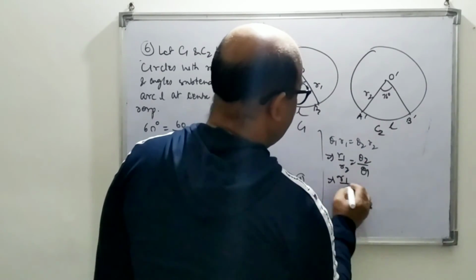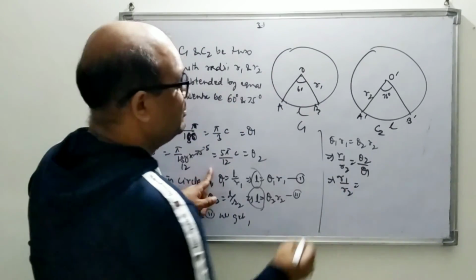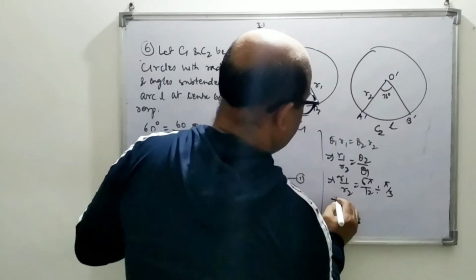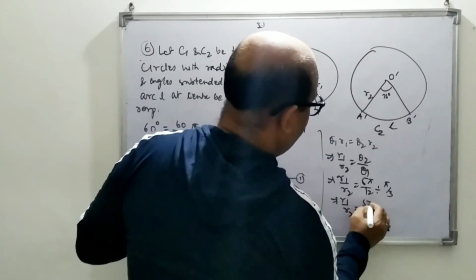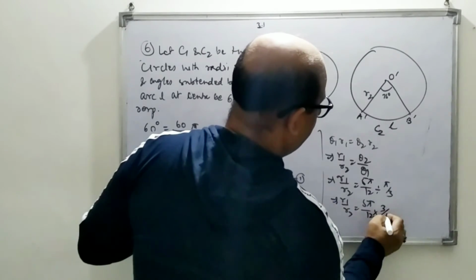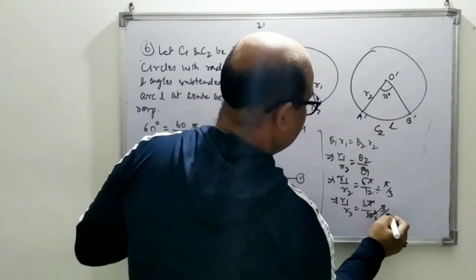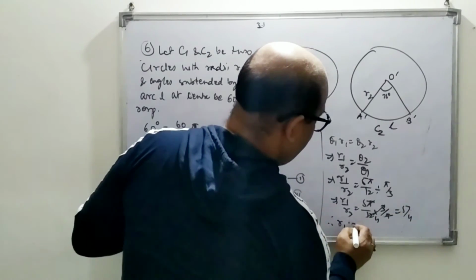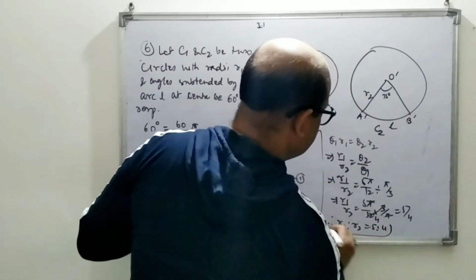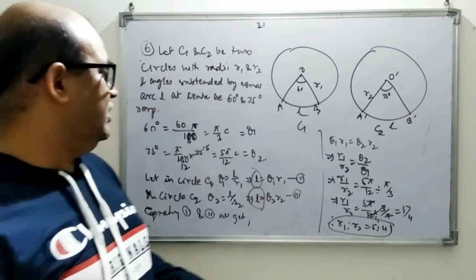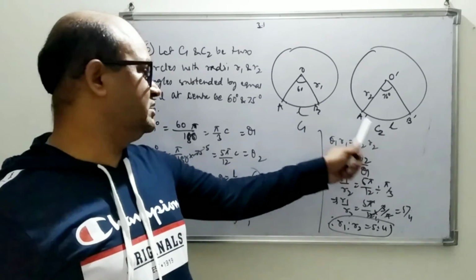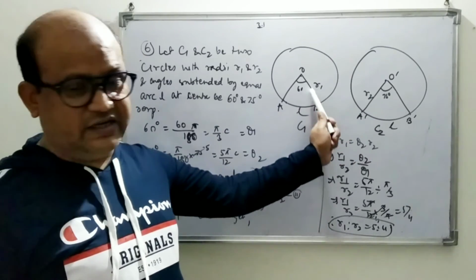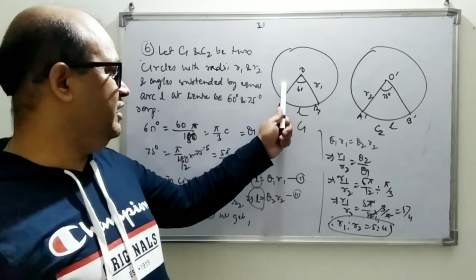That means R1 by R2 equals 5 pi by 12 divided by pi by 3, which is 5 pi by 12 into 3 by pi. Pi cancels, and that is 5 by 4. Therefore, R1 is to R2 equals 5 is to 4. This is the answer. If equal arcs of two circles subtend angles 60 and 75 degrees respectively at the center, then the ratio of their radii will be 5:4.